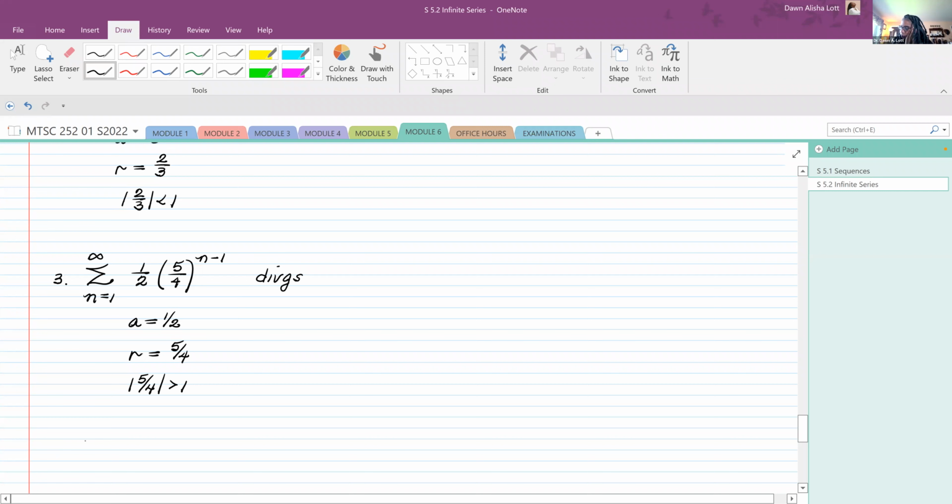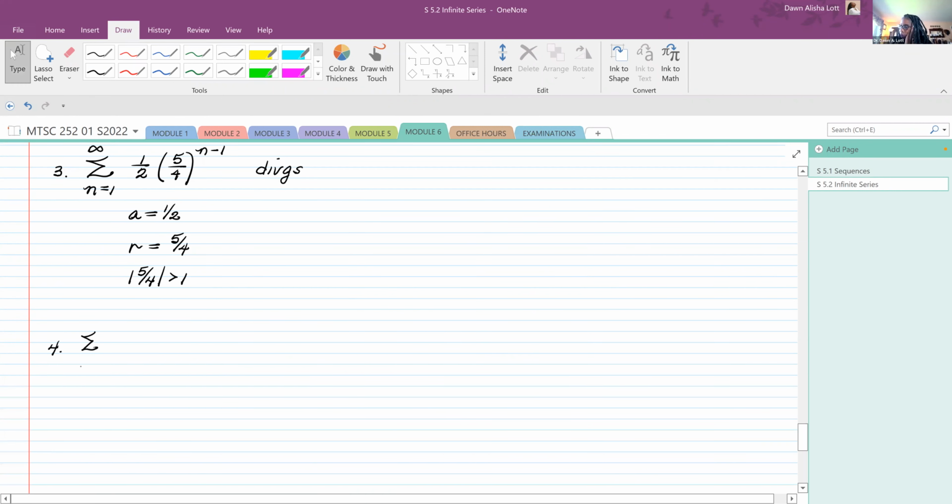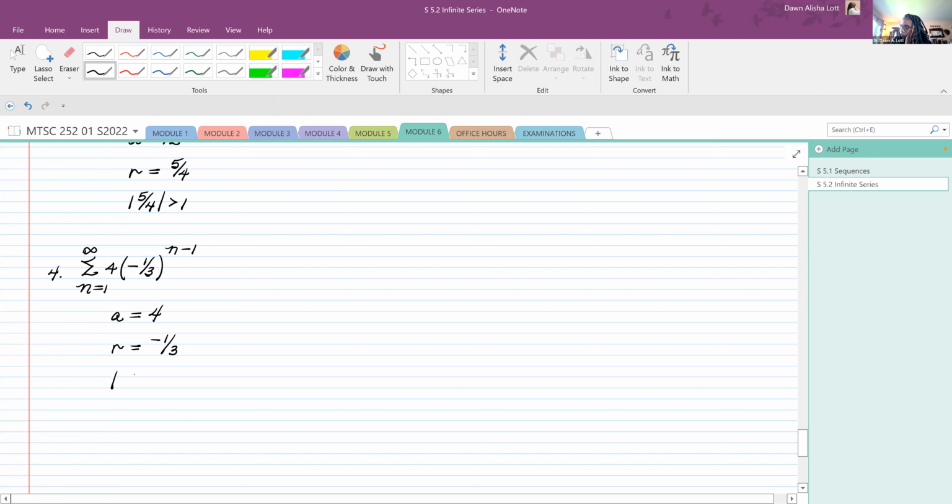4, the sum n equal 1 to infinity of 4 times -1/3 to the n minus 1. Let's say 4, there we go, 4. So A is 4, R is -1/3. The absolute value of -1/3 is less than 1.